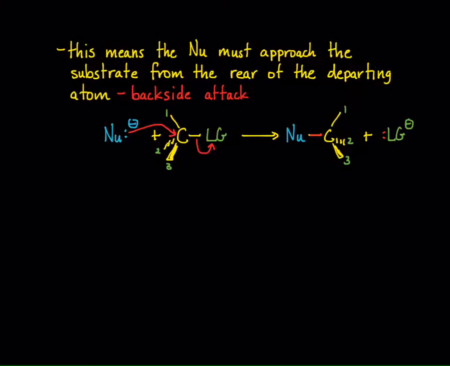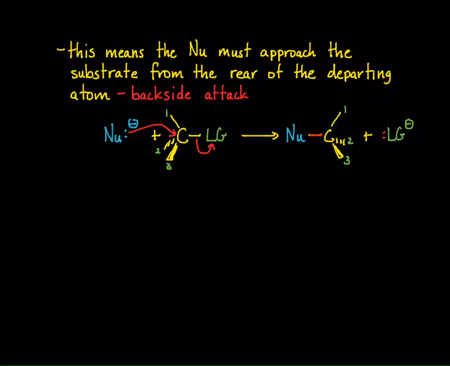So I've formed a new carbon-nucleophile bond, whatever that nucleophile is. And then the electrons from the carbon-leaving group bond are going to the leaving group, and we get an anion out of that. So now we have a little bit better picture about what the mechanism is.